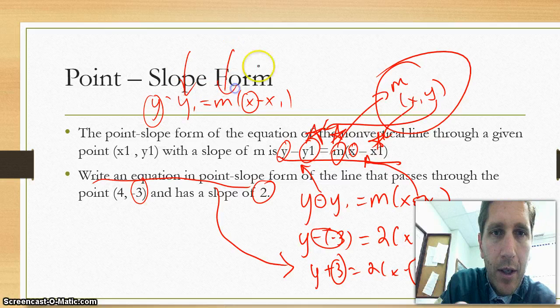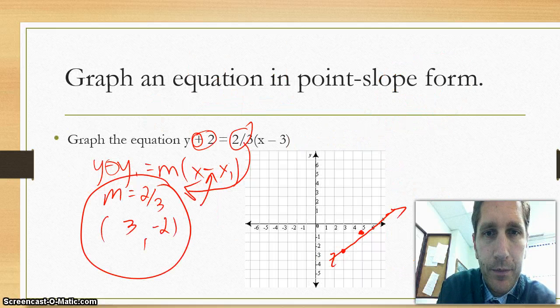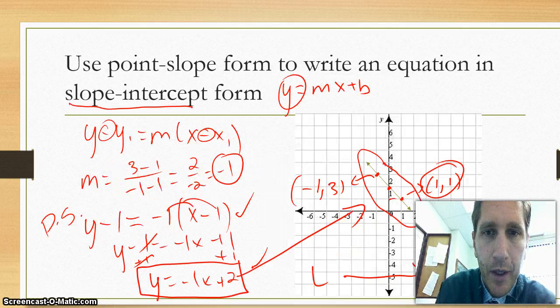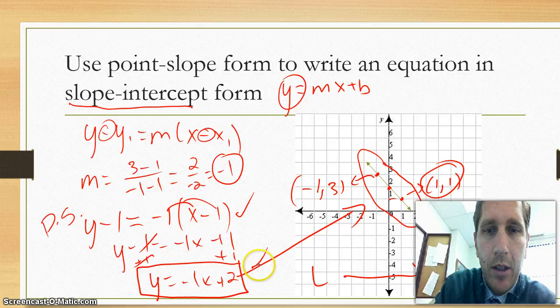These things right here in the equation can change, and they will change. Knowing that we need the slope and we need one ordered pair. Graphing it, making sure you watch the signs. Very important. And then being able to change it from point-slope form into slope-intercept form.